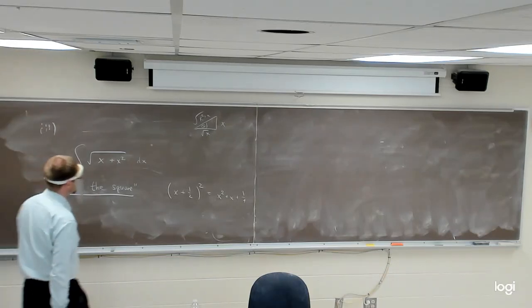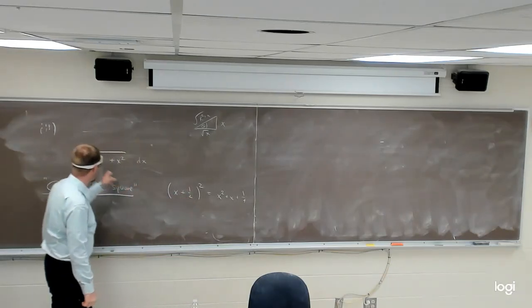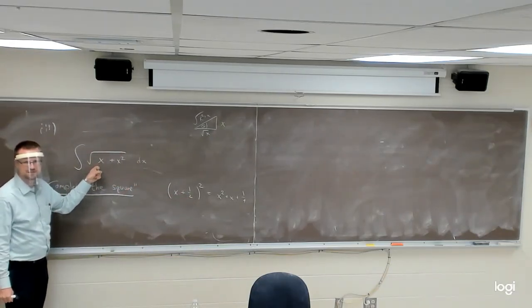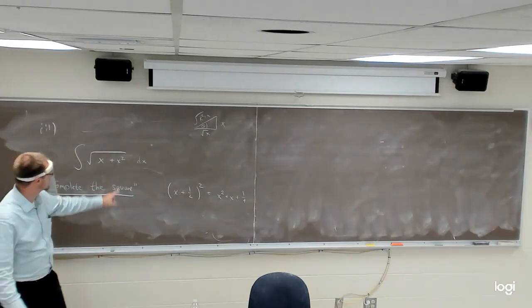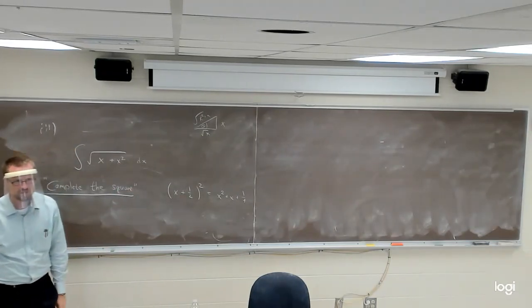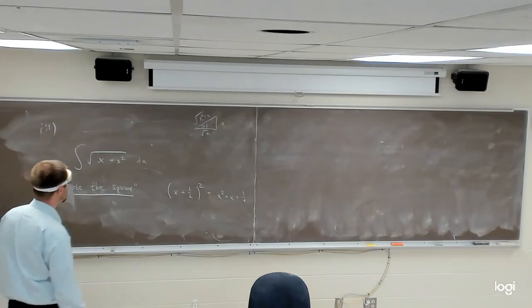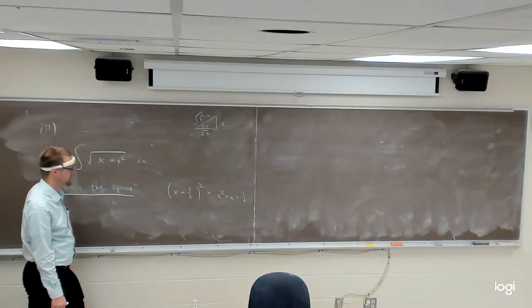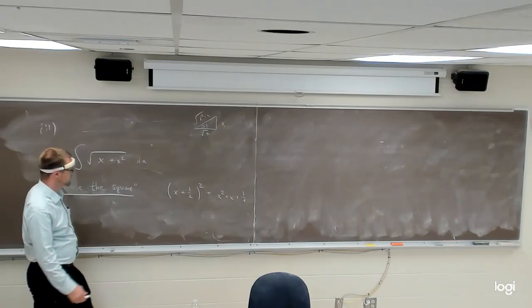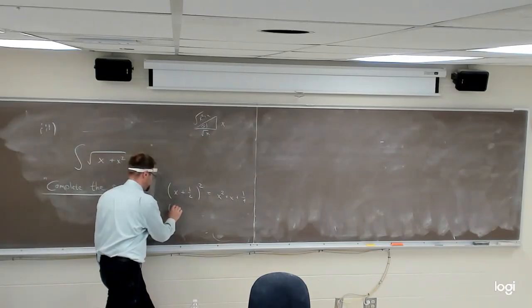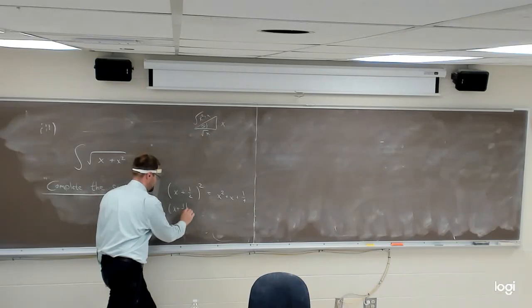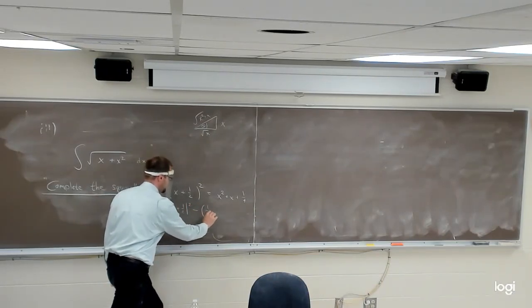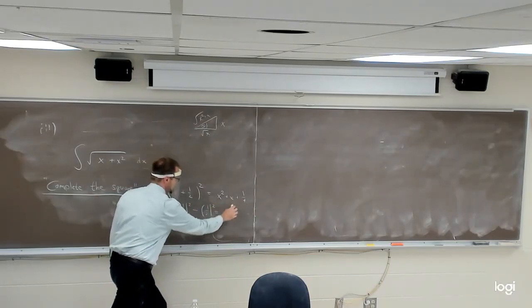In general, the number that I'm going to put here is like half this coefficient, assuming that this lead term is 1. You can kind of work your way here with some guess and check if you don't have the pattern memorized. So if I write x plus a half squared minus a half squared, that'll cancel out.